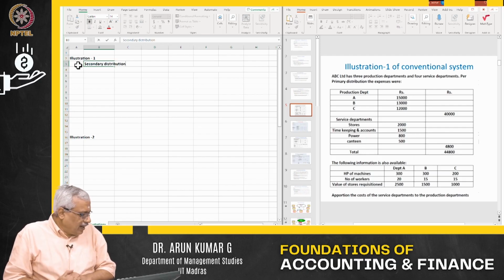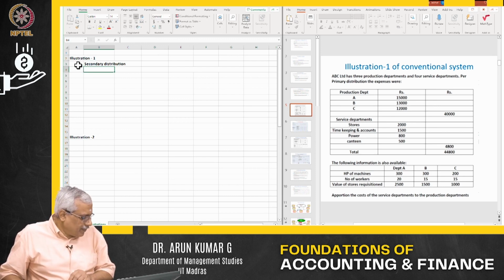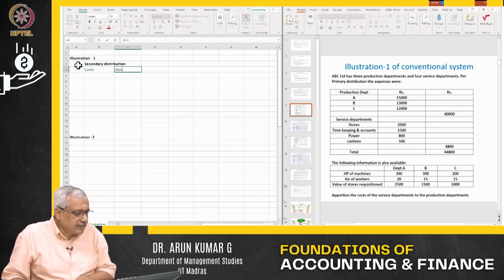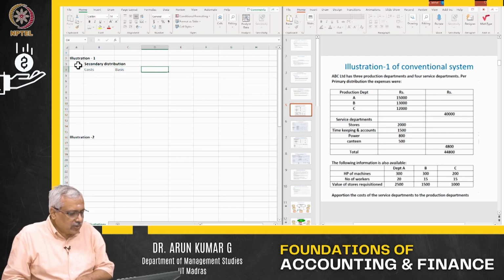Let me look at the details in terms of the costs, and then the next is the basis, and I am just going to keep the total here.